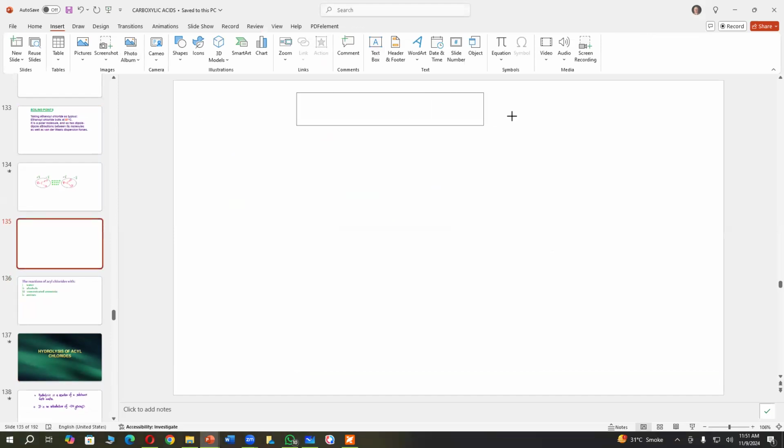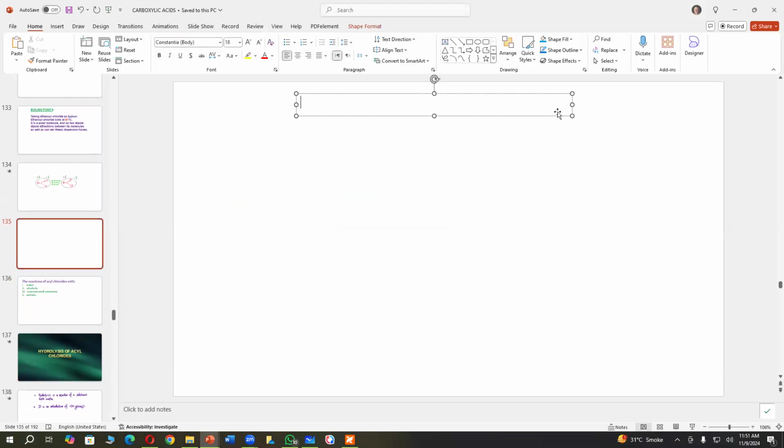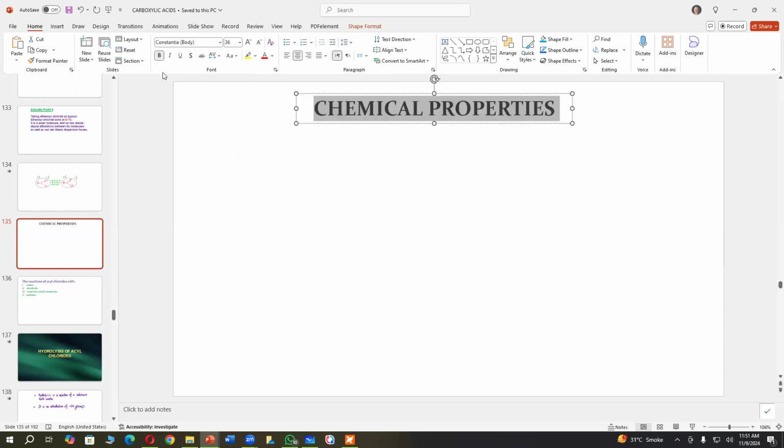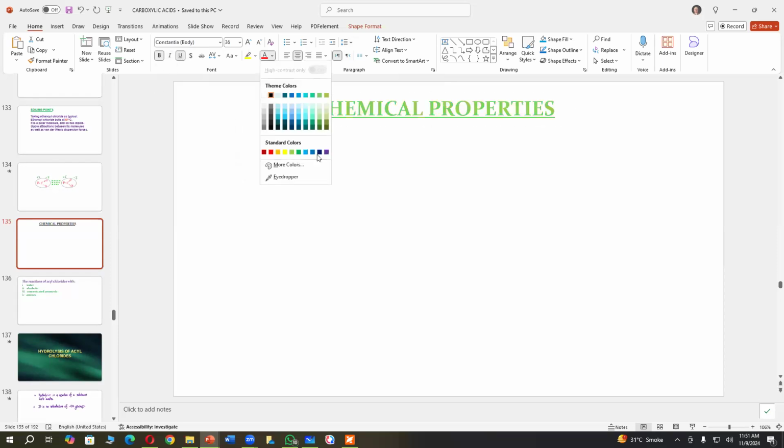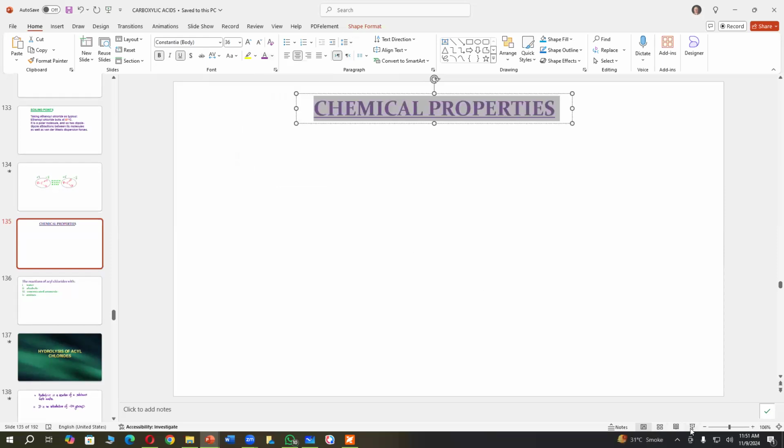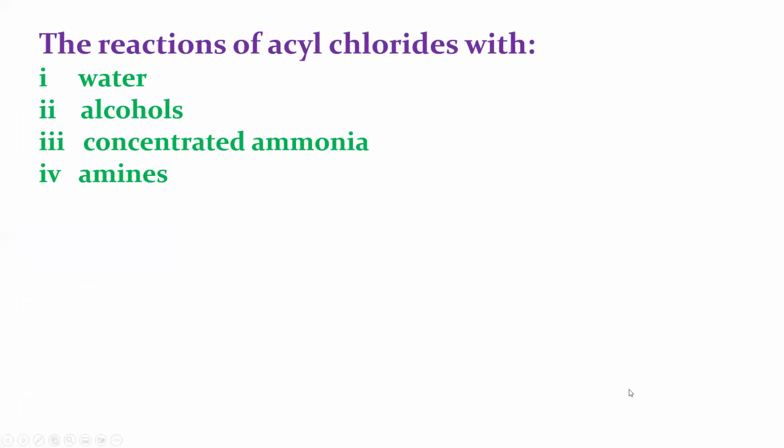So now give the heading, chemical properties of acyl chlorides. Look at the first one: the reactions of acyl chlorides with water, alcohols, concentrated ammonia, and amine.